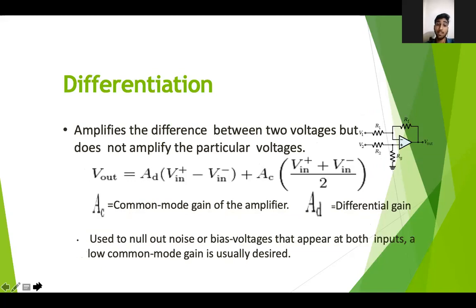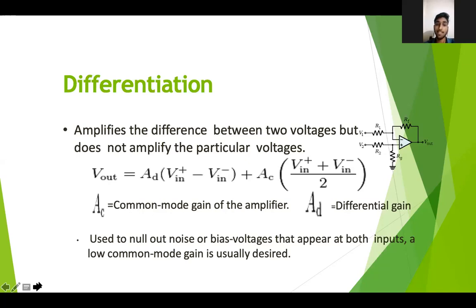Differentiation is also a mathematical operation, which can also be performed by an electronic circuit using op-amp. Here the input is applied at both the inverting and non-inverting terminals along with a feedback resistance RF at the inverting terminal, and the output of this circuit is given by V out equal to AD times (V in positive minus V in negative) plus AC times (V in positive plus V in negative) upon 2.